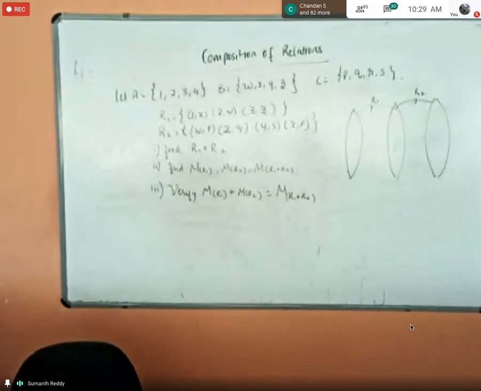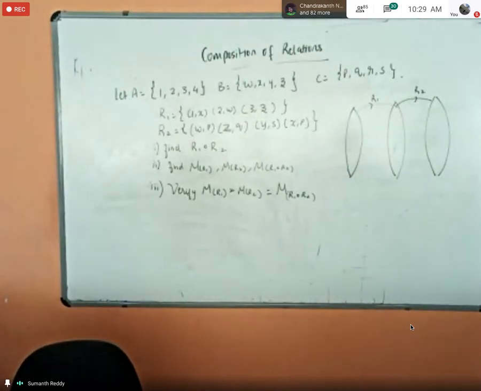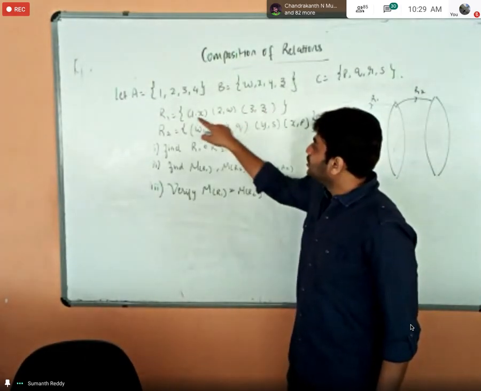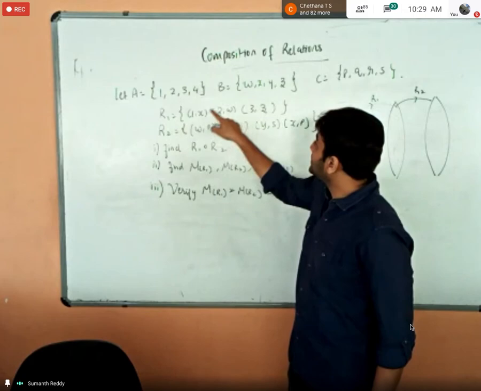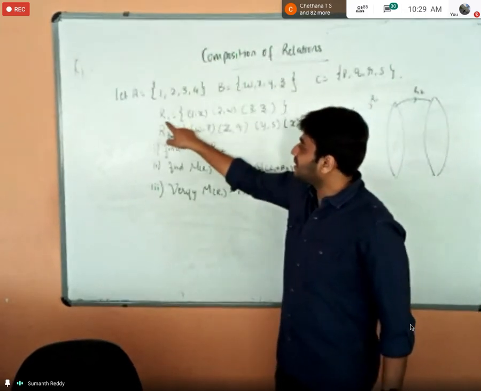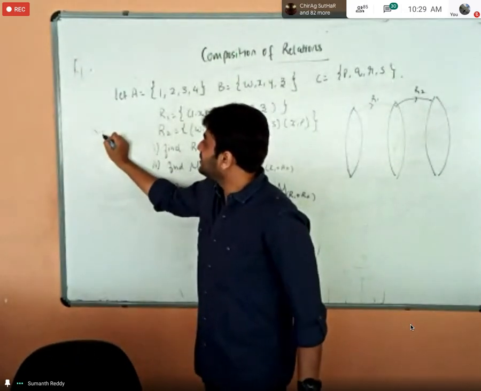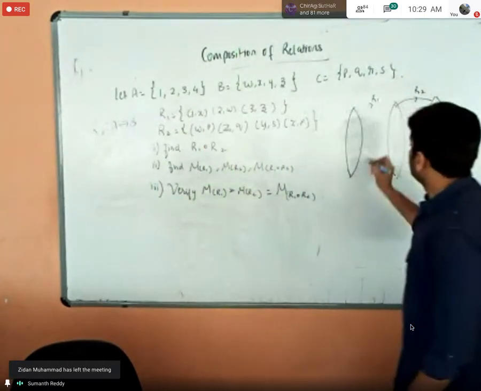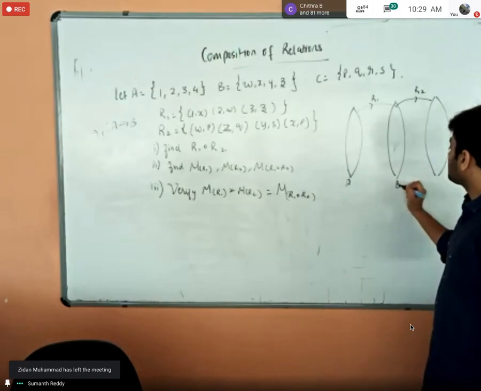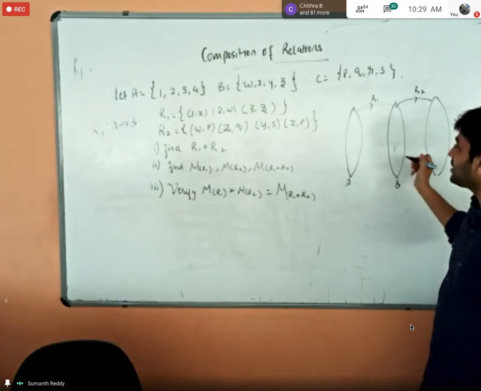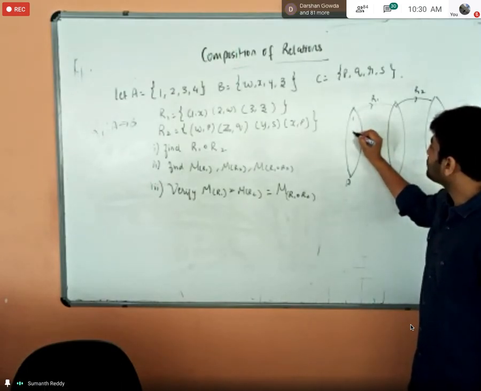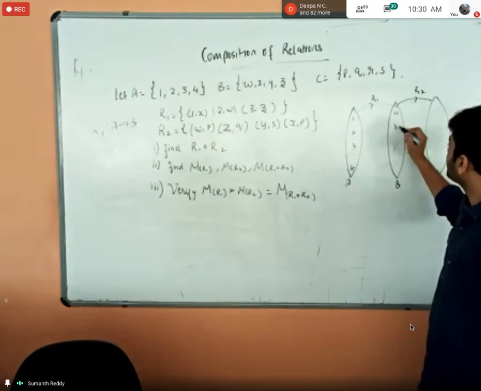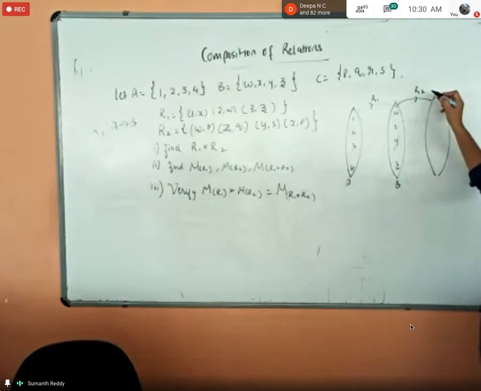When you look at the ordered pairs present in R1, it has (1, X), (2, W), (3, Z). 1 is from set A and X is from set B. So definitely R1 is a relation from set A to set B. Now I will write set A here and this set should be set B. So now I will write the elements 1, 2, 3, and 4, and this will be W, X, Y, Z. And next is R2.